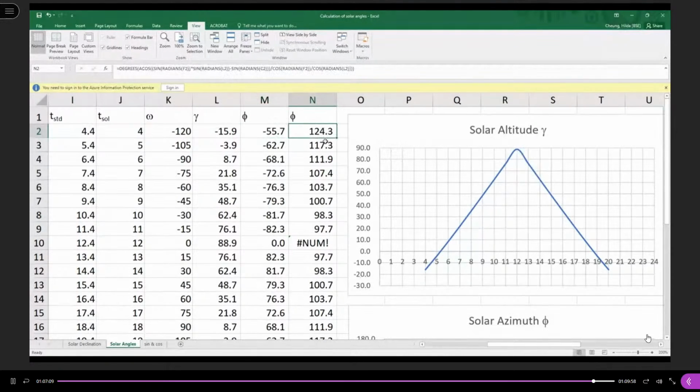But this is 100 something, not negative. It's because in the equation, we calculate from cosine phi, and we should add a negative to these values because they are in the morning. In the morning, the sun is in the east, so it should be negative values.